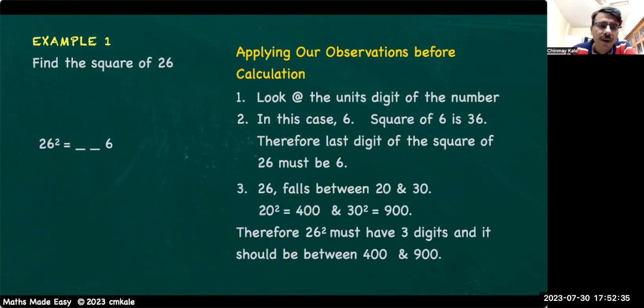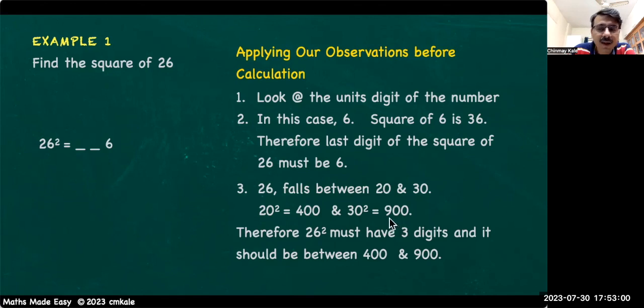Also, we know that 26 falls between 20 and 30. Now 20 square is 400 and 30 square is 900. So therefore, 26 square must fall between 400 and 900, right? It has to. And the number of digits has to be 3, because on the lower side, we have 400, which has 3 digits.